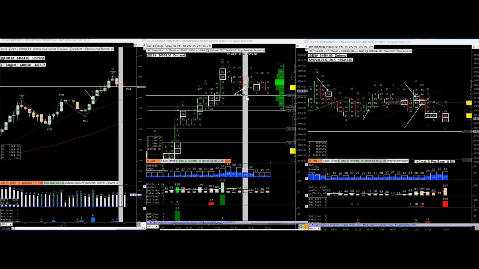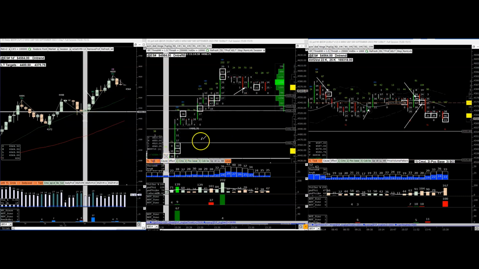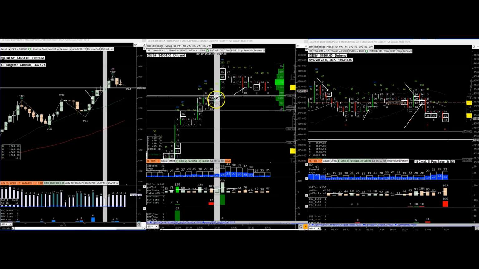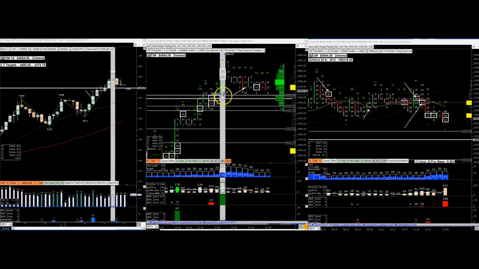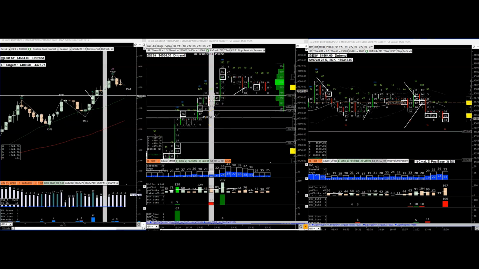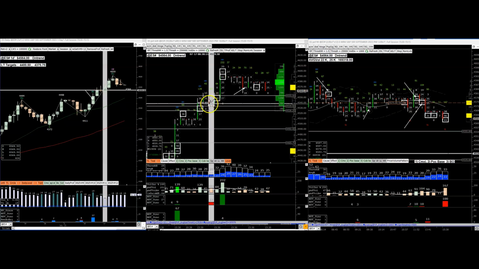Very important. Okay, so the idea of support and resistance that I'm trying to convey to you is that these white boxes after a rally, these high volume areas, are areas of support and resistance. Why? Because of accumulation or distribution.